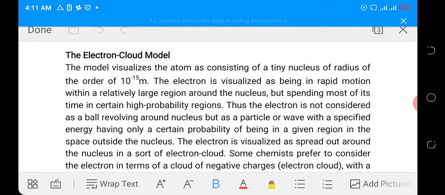That is, the exact position of the electron cannot be predicted, as it does not move on a fixed orbit as proposed by Bohr. The electron cloud model sees an atom as having a tiny nucleus of radius of approximately 10^-15 meter, with the electrons moving around it. The electrons spend most of their time in the high density region where they are likely to be found than in the low density region.